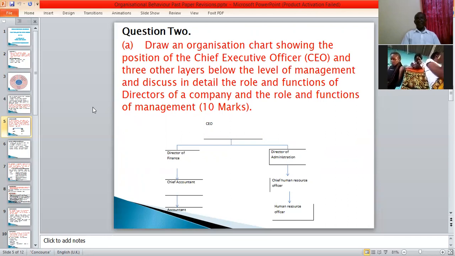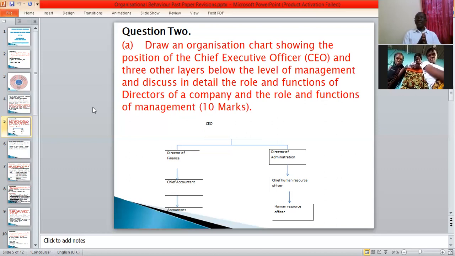So, when you are in an exam, the first thing that you should do is to underline the needs of the examiner. What does the examiner want?